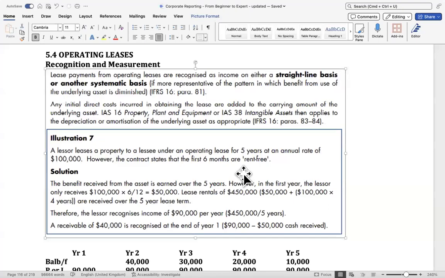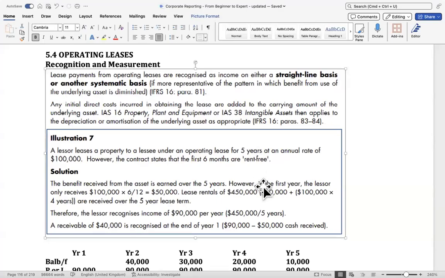So in order to still achieve straight line, I look at it: since I'm collecting a reduced amount in the first year, totally what I'm getting over the 5 years is 450,000, which is 50,000 in year one, then 100,000 for the remaining 4 years. So the best bet is to spread that 450 over 5 years equally. And that's how you do it in the exam.